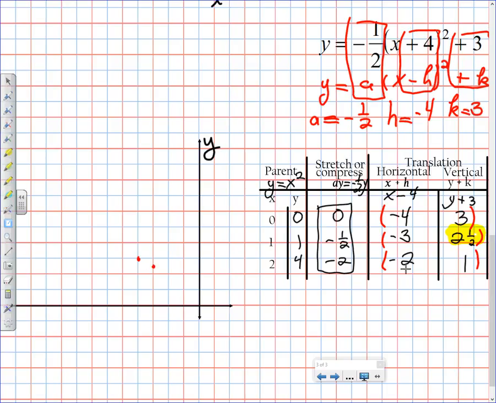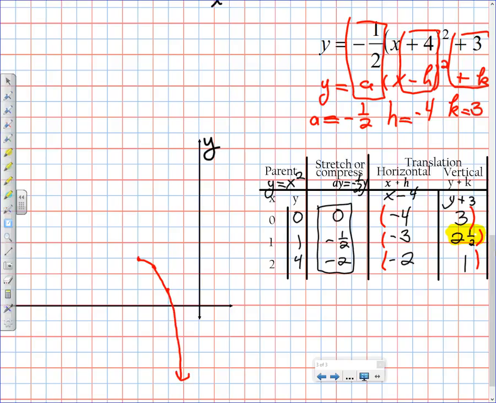Now x is negative 2, 1, 2, and y is 1. That'll be point 1. Now connect point 1 to point 2 and connect point 2 to point 3. And your graph's going to go something like this.